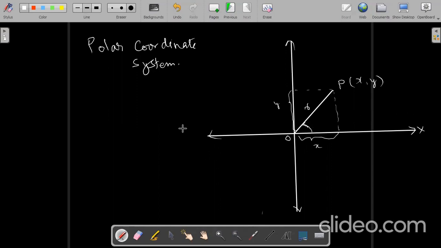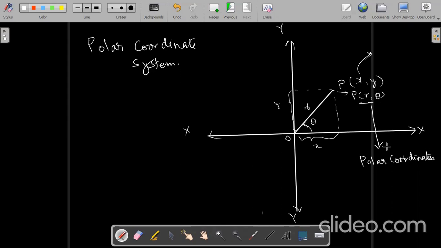This is the x-axis, this is the y-axis, and this angle is called theta. So this point P can be represented as r and theta. These are called polar coordinates, just like those are called Cartesian coordinates.